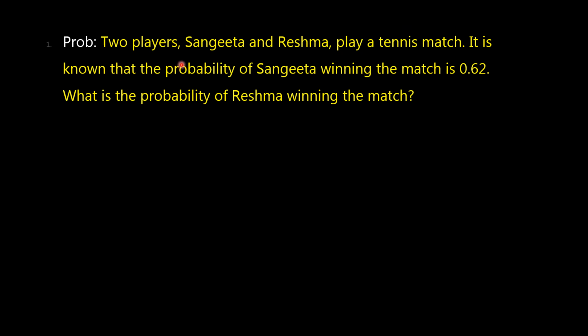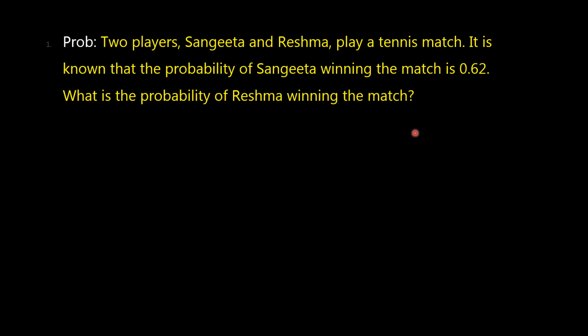Two players, Sangeeta and Rashma, play a tennis match. It is known that the probability of Sangeeta winning the match is 0.62. What is the probability of Rashma winning the match? Here two players are playing the tennis match. Remember, only one can win the match, either Sangeeta or Rashma. If Sangeeta won the match, means Rashma did not win the match.